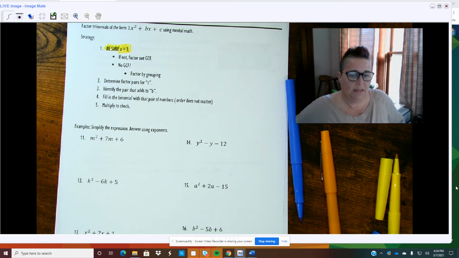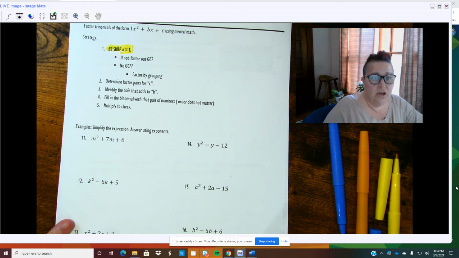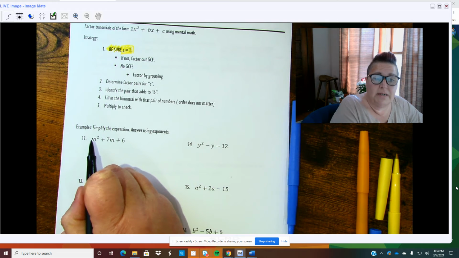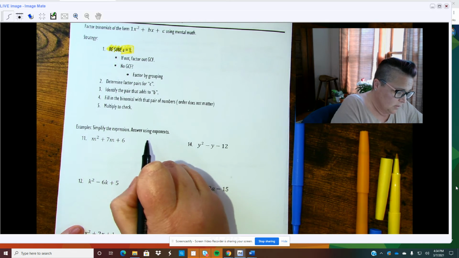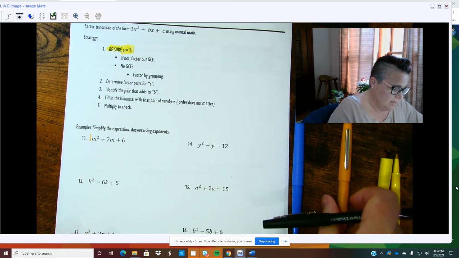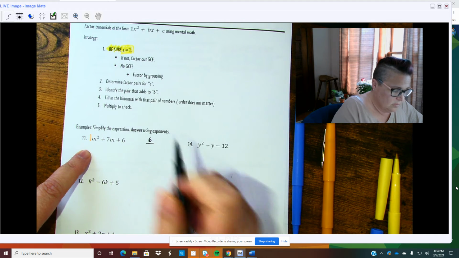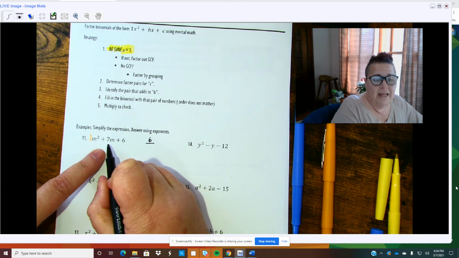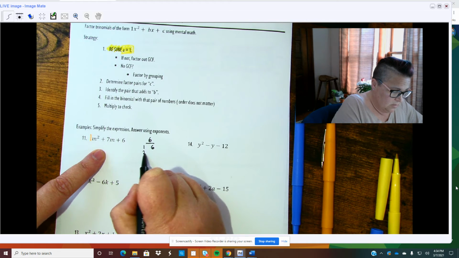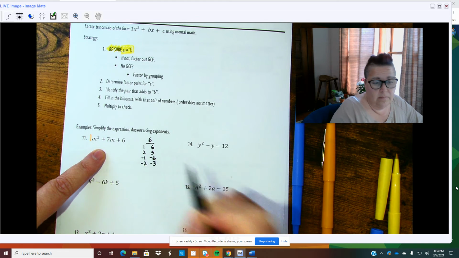All right, let's try some of these. We'll show you how quickly it can go. So here we have m squared plus 7m plus 6. First of all, do you have a leading coefficient of 1? Well, it's not written, but it is. It is 1m squared. Check. That means that I can use this method. What factors of 6 also add to give you 7? Well, that's a 1 and a 6, or a 2 and a 3, or a -1 and a -6, or a -2 and a -3.